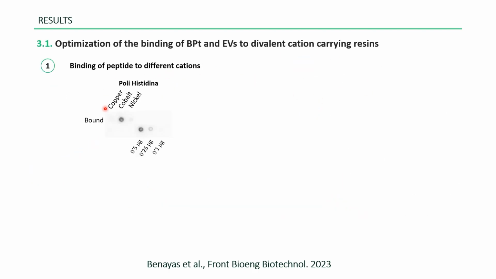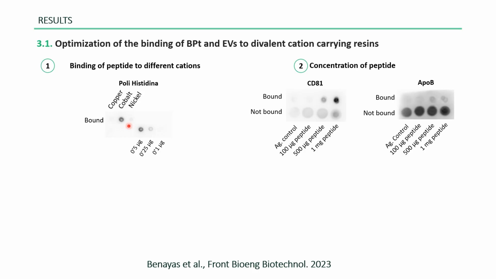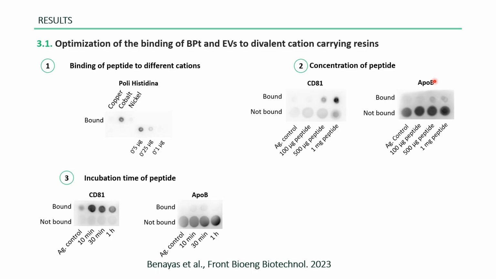Okay, so with that scheme, we first compared the different resins with different cations, and we see that cobalt was the best one. And then we analyzed the concentration of peptide we needed, and we confirmed that there was no binding to lipoproteins to these resins.